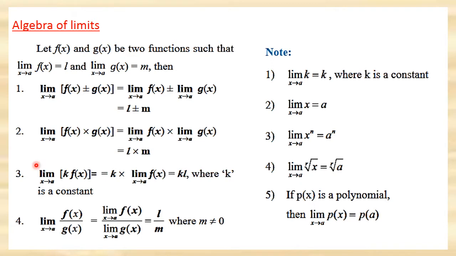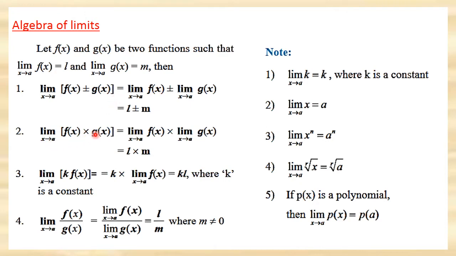Algebra of limits. The operations that we can apply in the calculation of limits are: first one, limit x tends to a of f of x plus or minus g of x is equal to limit x tends to a f of x plus or minus limit x tends to a g of x. That means if the function is the sum or difference of two different functions, then we can apply the limit separately for each function.